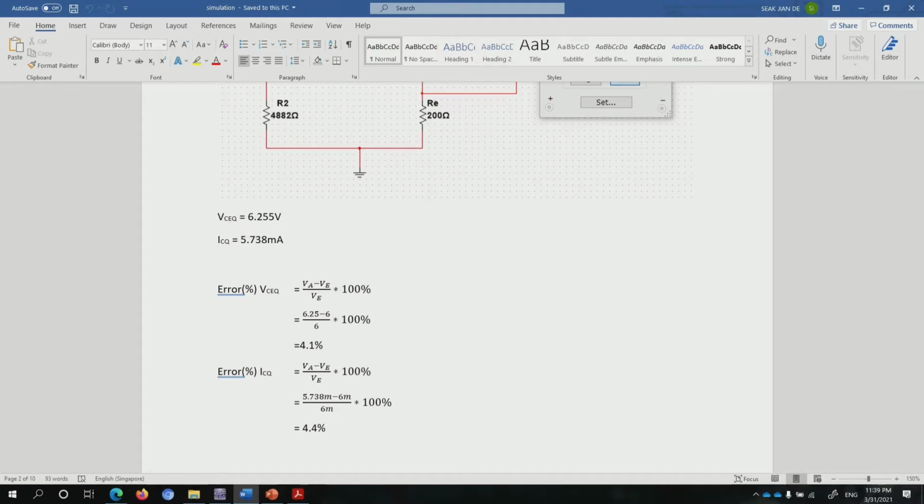So that's why the difference between the simulation value and the theoretical value is very small.